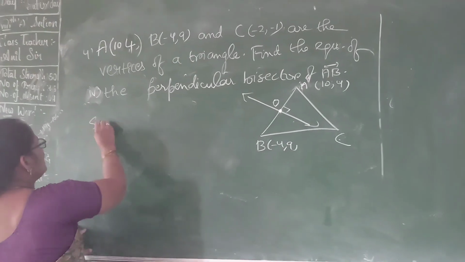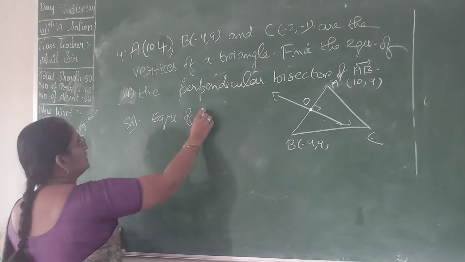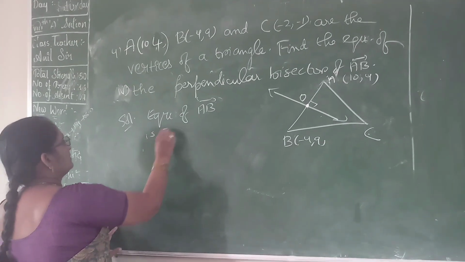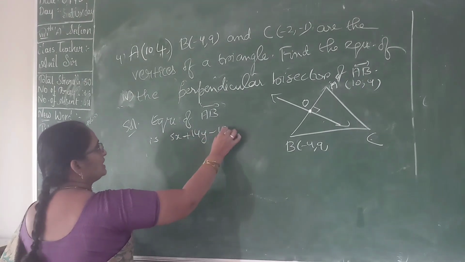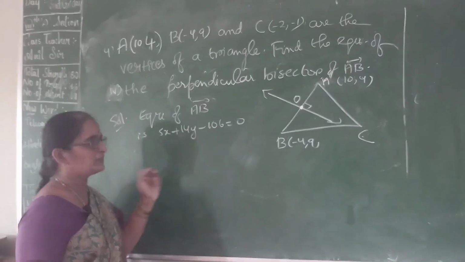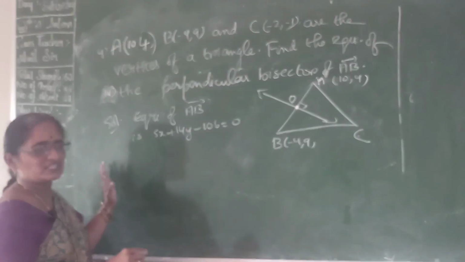Already we have found the equation of AB. So, what is equation of line AB? Is nothing but 5x plus 14y minus 106 equal to 0. Write in the slope form of the straight line, that is y is equal to mx plus c.